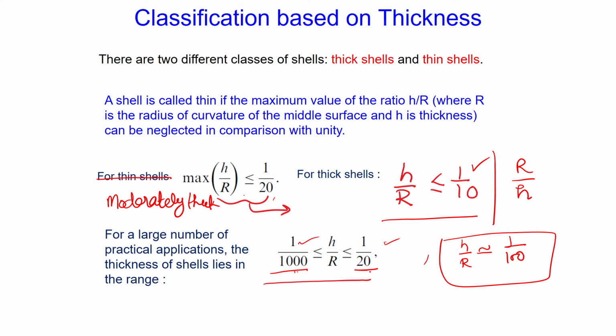But there may be some applications like machine components or turbine discs where the thickness is not small compared to its radius. Then definitely we can go for thick shells. But in nature and different applications, 99% of shells are thin. So in the literature, a number of shell theories have been developed for thin shell cases.